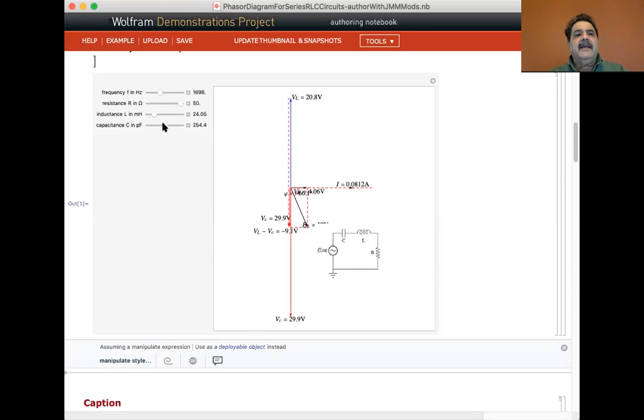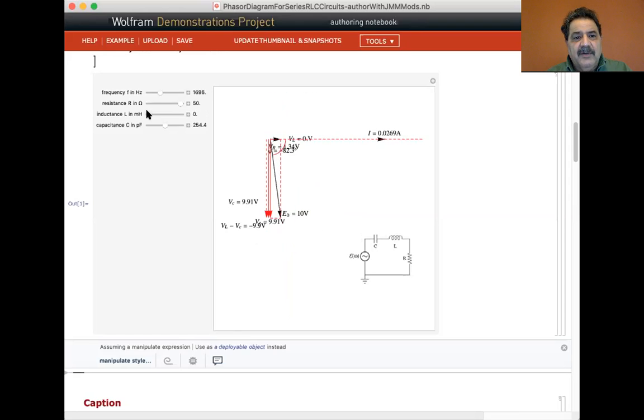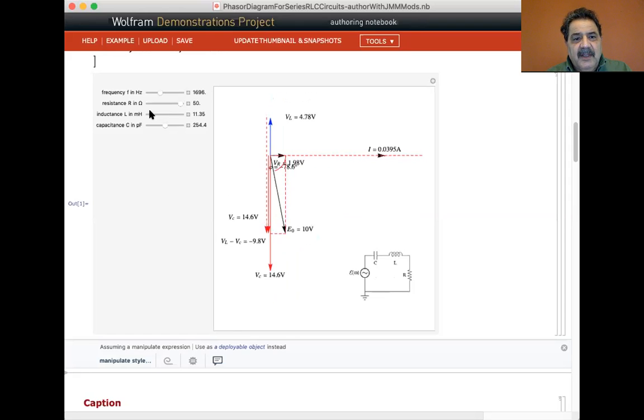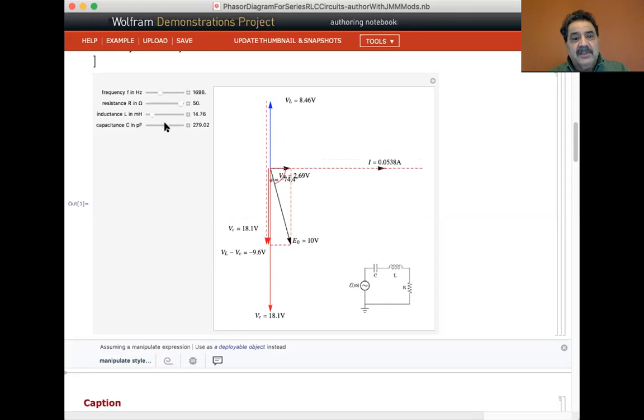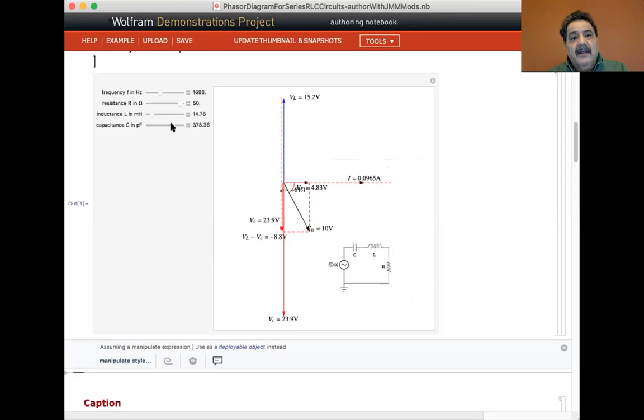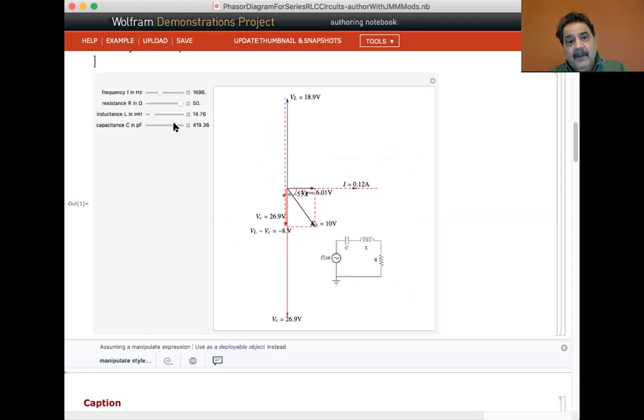What do I do to make the inductive reactance smaller? I reduce the size of the inductor. So to reduce the size of the capacitive reactance, I make the capacitor bigger.